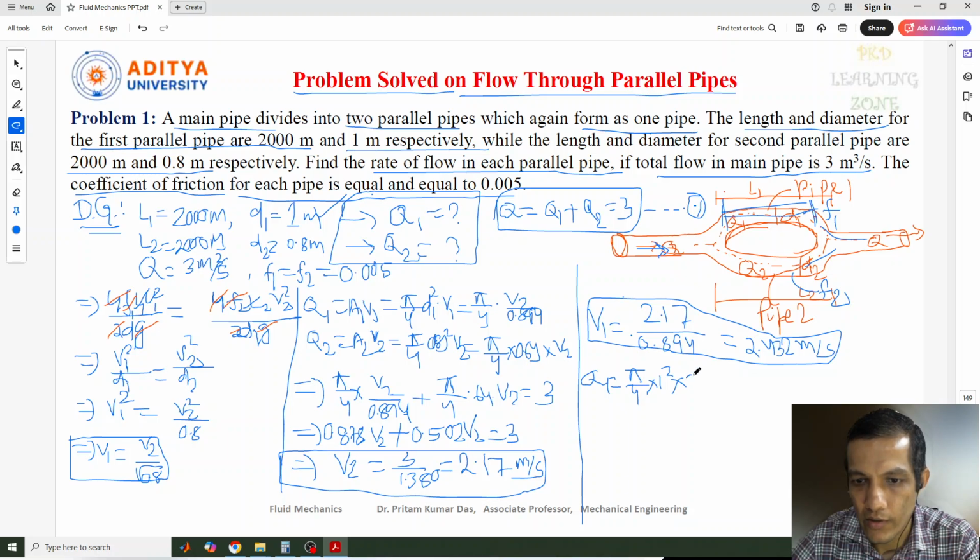V1 value is 2.432. Similarly Q2, discharge 2, pi by 4 into 0.8 square into V2. V2 also we got here, 2.17.